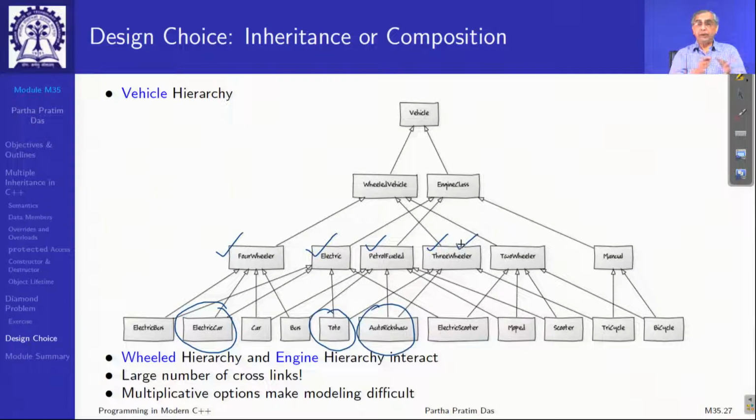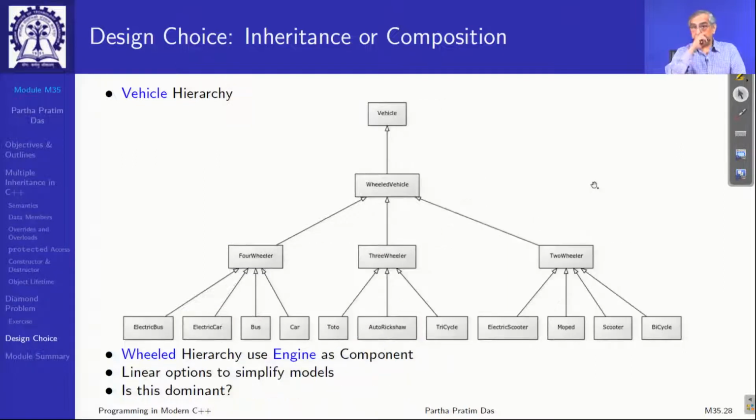So, you have a mesh of multiple inheritance happening, which naturally makes it a kind of a mess of understanding. So, one way we can look at is this modeling is not very suitable to handle, because for all of these you have to do virtual base class, this, that.